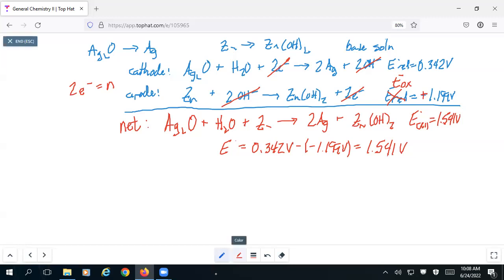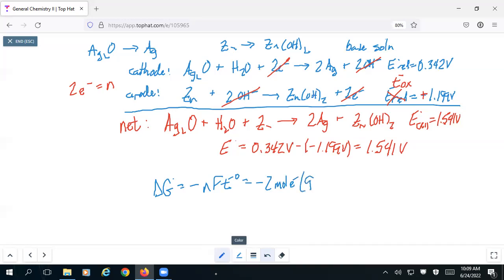Now to turn that into delta G, we had to take care of the other equation in play. Delta G is equal to negative NFE. We already established N is 2 moles of electrons.